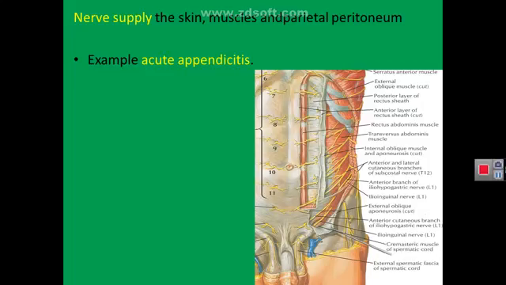That's why there is an example for a clinical application for this nerve supply, which is similar to that in the pleura. The parietal peritoneum has the same nerve supply as the muscles and the skin, so the parietal peritoneum is pain sensitive, just like the pleura.